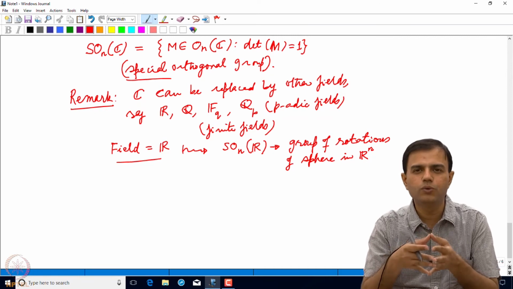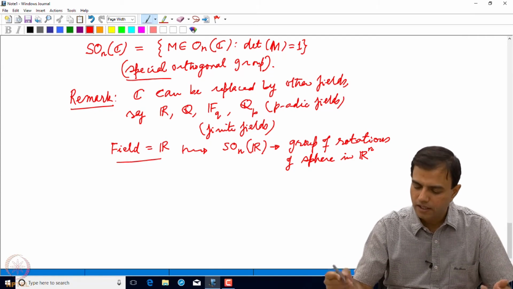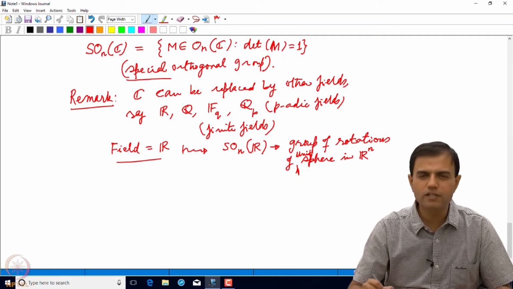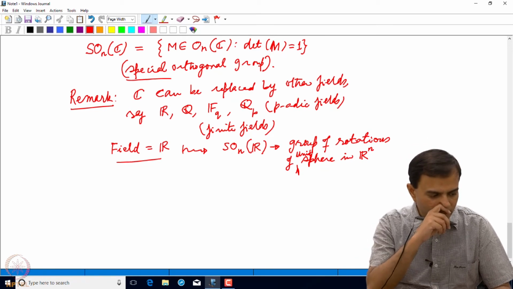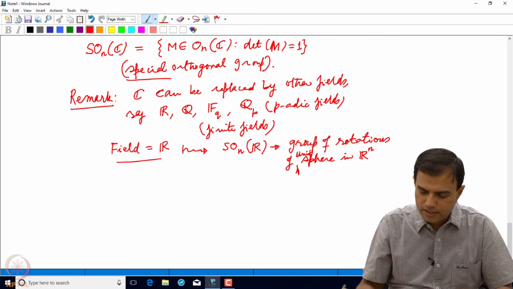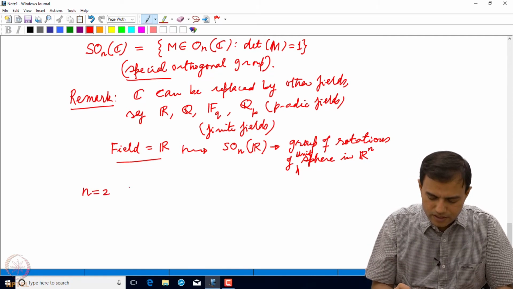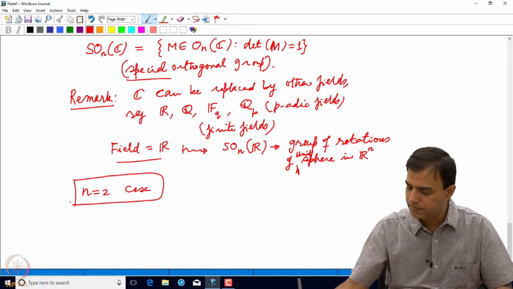What is the sphere in R2? The circle. Yeah, the usual circle, or it doesn't matter, you can say the unit sphere which has radius 1. So that is of particular importance. Let me try to illustrate it for the case n equal to 2. That is a very easy illustration.